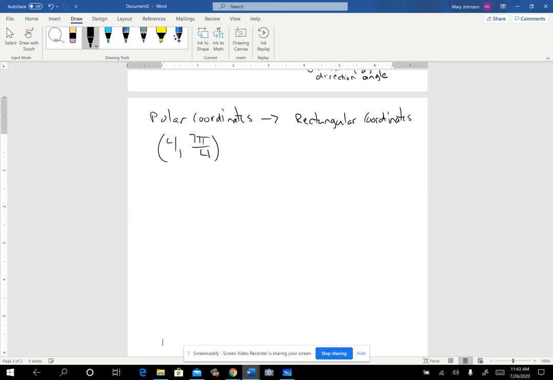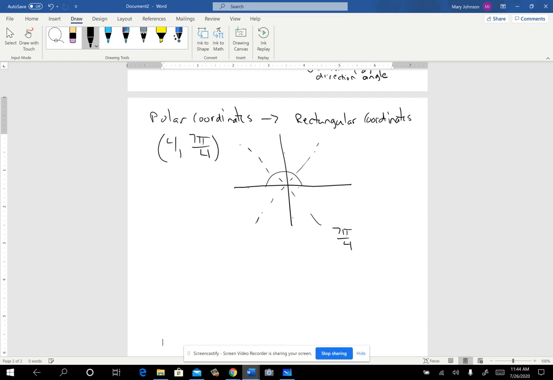All right, so I think it helps to visualize this. All right, so you think about where is 7 pi over 4. So that means you want to think about breaking up pi here into 4 pieces so you can count your way around it. So that would be 1, 2, 3, 4, 5, 6. This is 7 pi over 4.